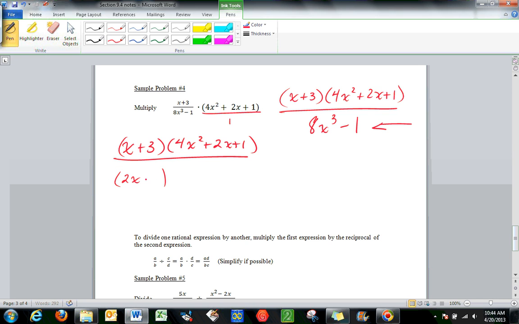We get 2x minus 1, and since I took out 2x, that means I have 2 of them left over, which is the same thing as 4x squared. I took out one of the 1s, which means I have 2 of them left over, and then of course I'm going to multiply 2x times 1, which is going to give me my middle term, and I get my signs right. And if you look at that, we end up having 4x squared plus 2x plus 1, the same trinomial both on top and bottom, so they're common factors that you can cancel out.